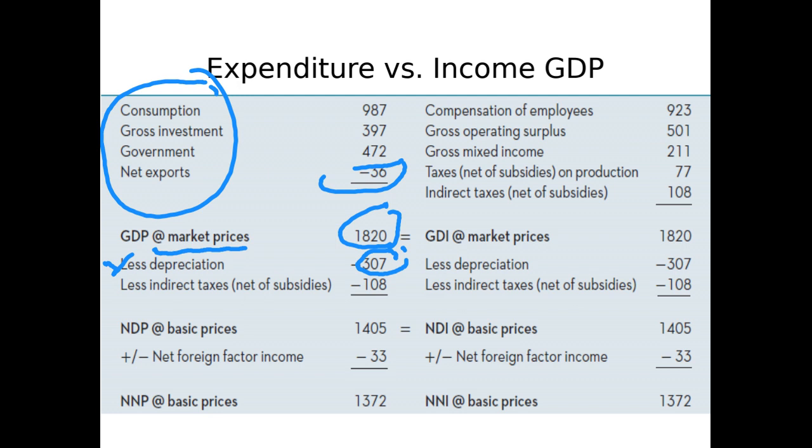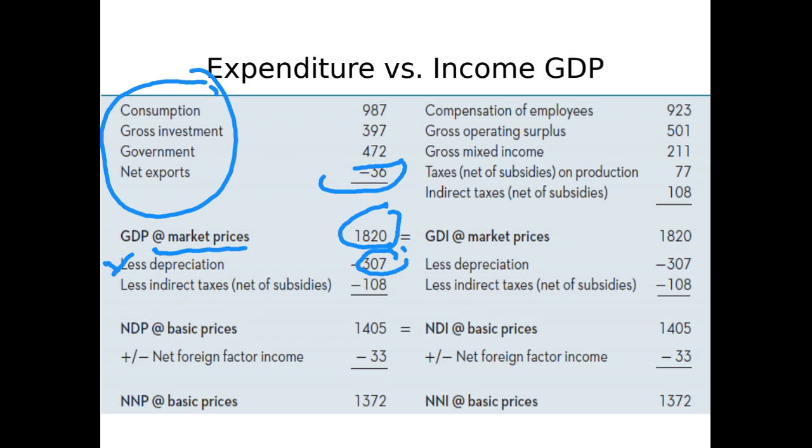So if I subtract depreciation and if we subtract indirect taxes, net of subsidies, meaning if you're receiving money from the government, you have to subtract first and then get that number. When you pay the price of any product, these taxes are included in the price. So if we subtract these indirect taxes, and also subtract depreciation, what do we get?